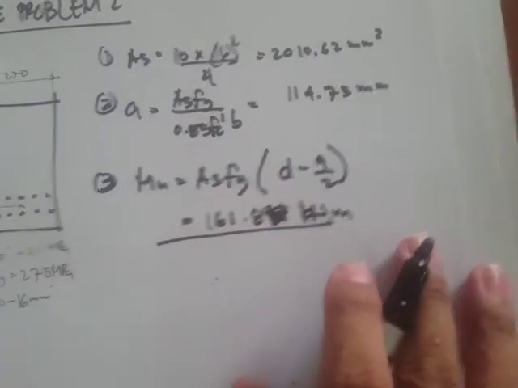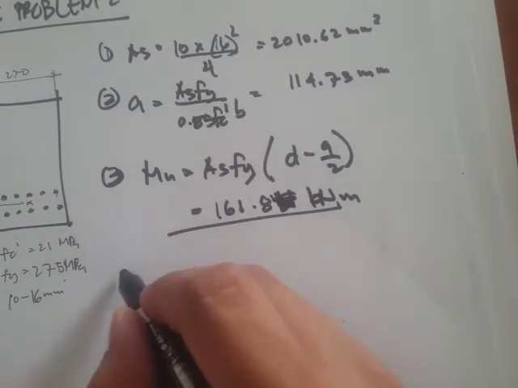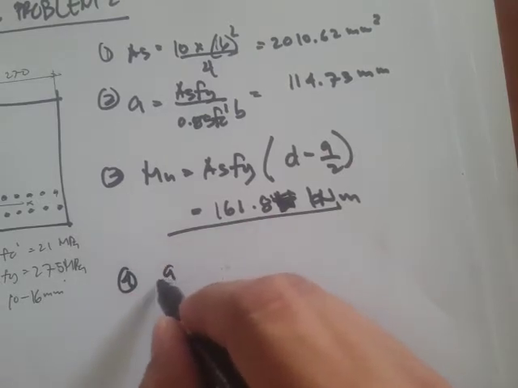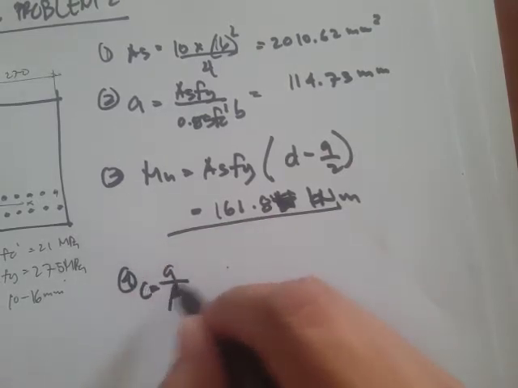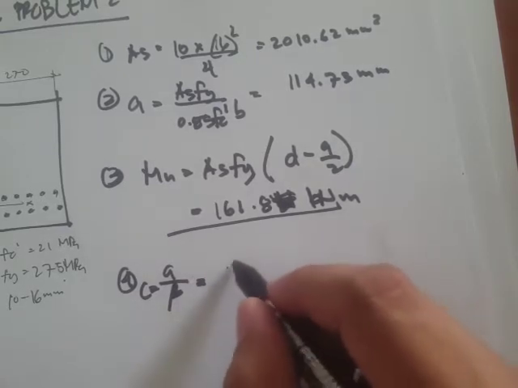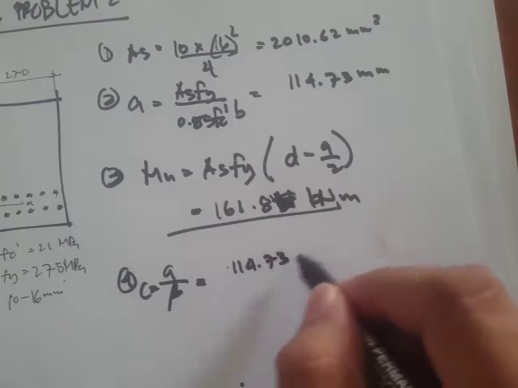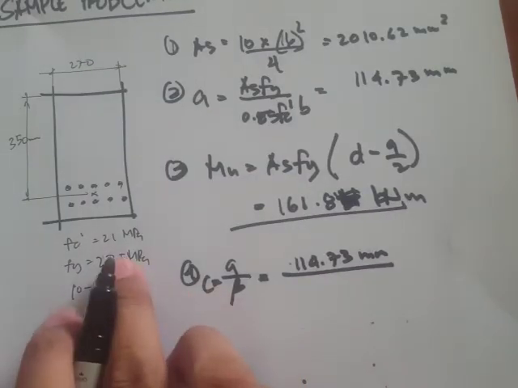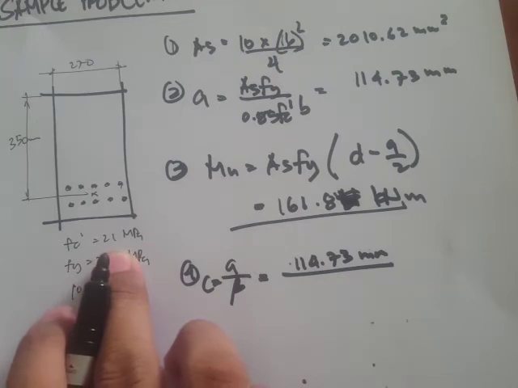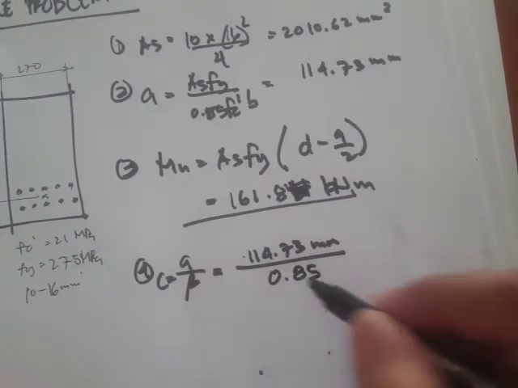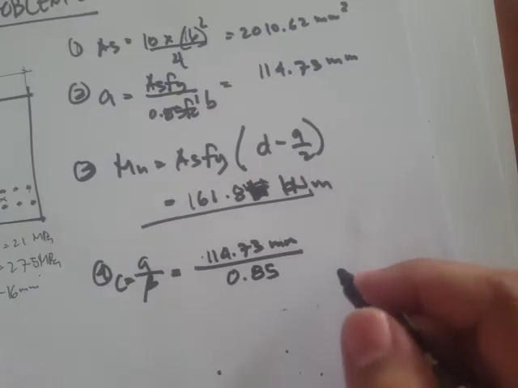Now let's solve for the depth of the neutral axis. We have c equal to a over beta, which is 114.73 mm. For our beta, since our fc prime is less than 28 megapascals, that's automatically 0.85.